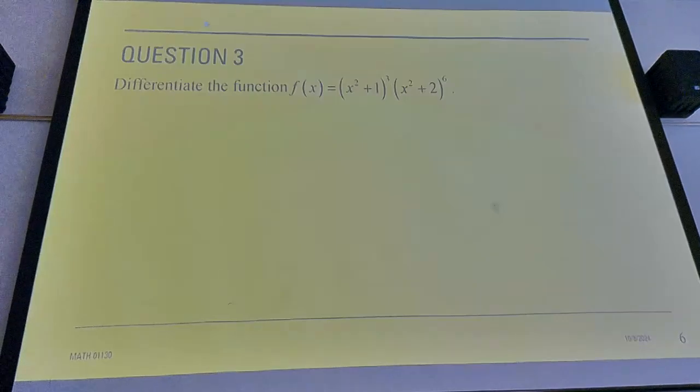Again, technically, we don't have to use product or chain rule here. We could completely expand that out. Again, that's going to be a little tedious.